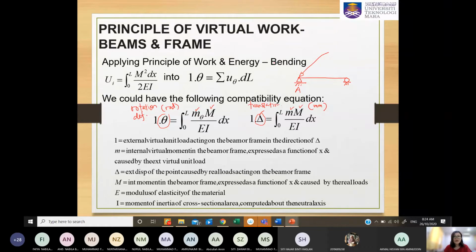Just a tip: in this 2D analysis, we will always have translation displacement in global delta x, in terms of vertical delta y, and also rotational. So here at the pin at A, which displacement is not equal to 0? We have only these three: delta x, delta y, or theta.